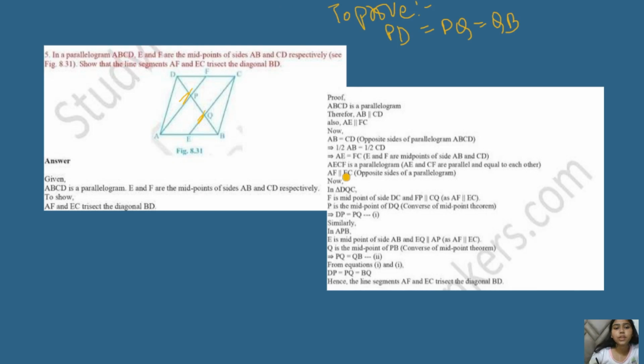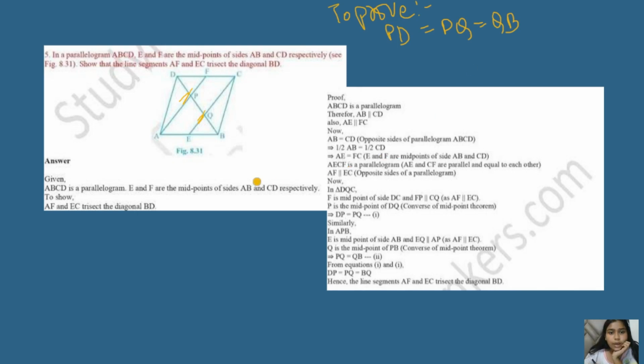Okay, so here is the proof. ABCD is a parallelogram, so AB will be parallel to CD. So basically AE will also be parallel to FC. Now AB is equal to CD, because the opposite sides of a parallelogram are always equal. So half of AB will be equal to half of CD. We are already given that E and F are the midpoints of AB and CD.